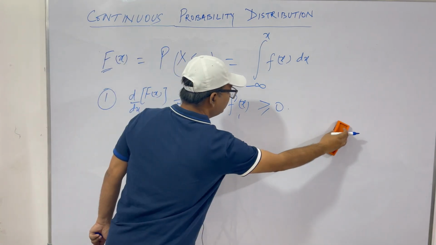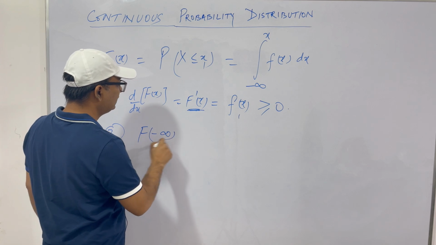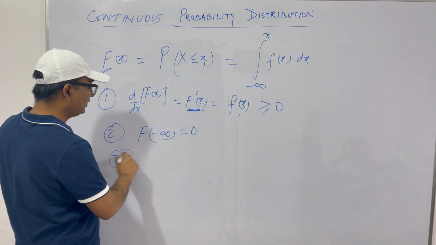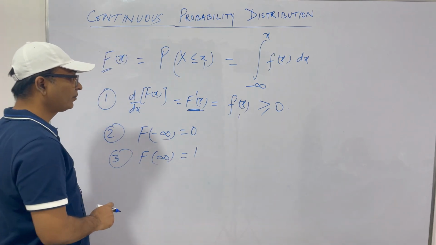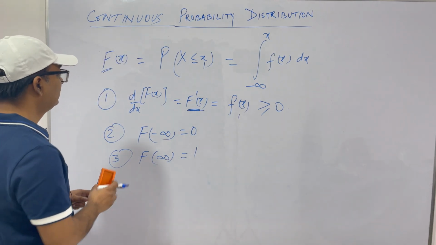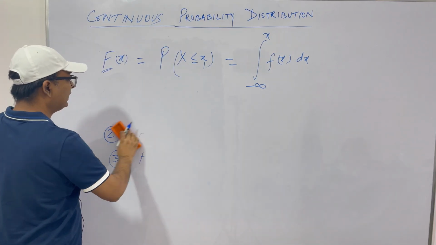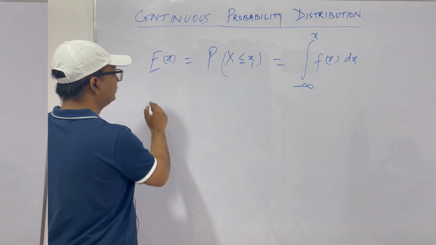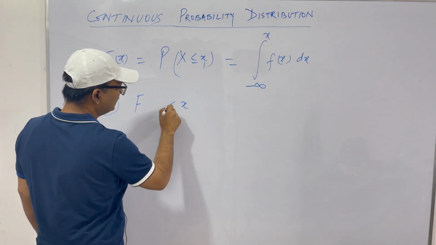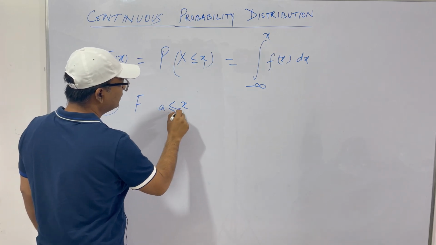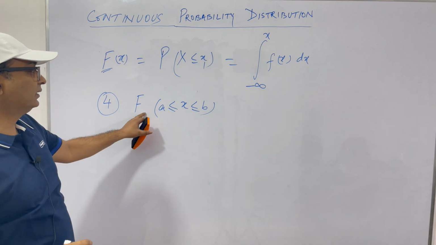Second, we define F of minus infinity to be equal to 0, and similarly we define F of plus infinity to be 1. Clear? We have another property, which is very handy in solving problems. The fourth property is the probability of x greater than or equal to a and less than or equal to b. How do we find this?